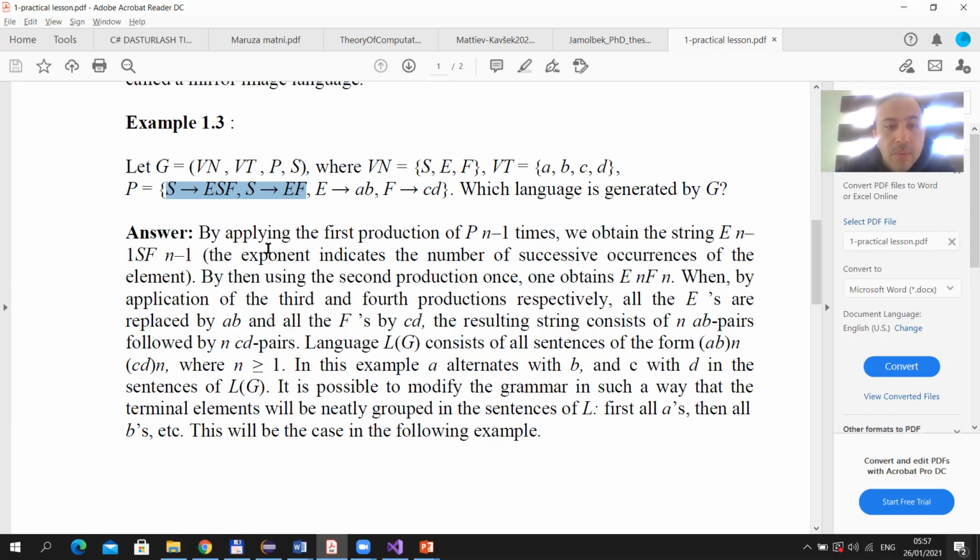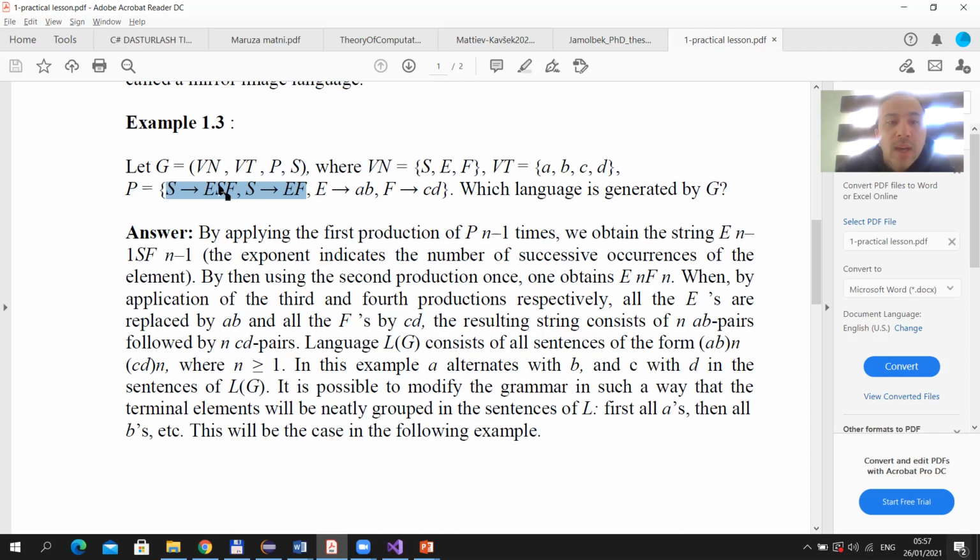So the answer: by applying the first production of P, ESF, n-1 times, we obtain the strings E^(n-1) S F^(n-1).